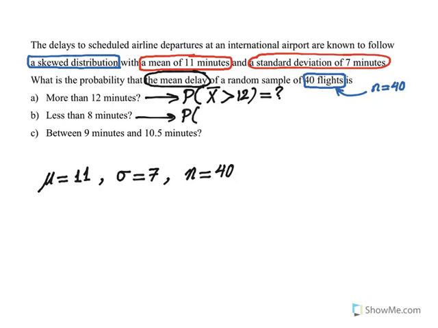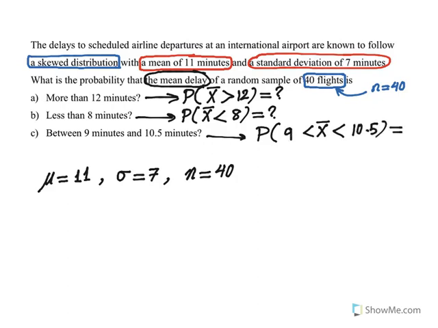And this one, what's the probability that x bar is less than 8 minutes? And the last one is asking what's the probability that the mean delay x bar is between 9 and 10.5. So let's solve them one by one on the next 3 pages.